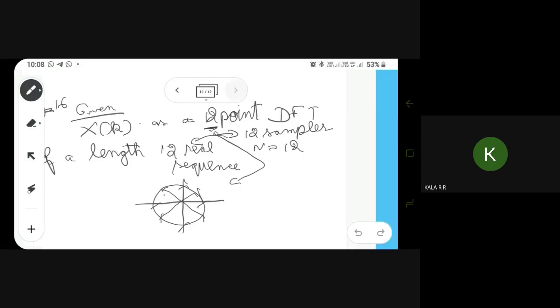So in this, the first 7 samples of x of k are also given. So they are giving the first 7 samples.